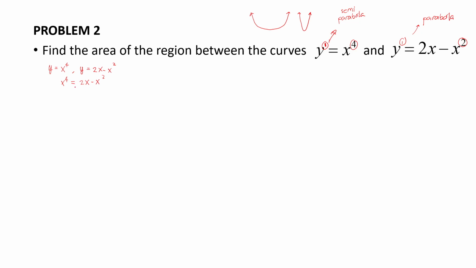Isolating all terms on the left side, this would give us x to the power 4 plus x squared minus 2x equals 0. So you can factor out x: x times (x cubed plus x minus 2) is equal to 0. So the first root is equal to 0, right? How about the other values of x? We have a third degree polynomial, so meaning we're going to have four roots, since it is x to the power 4. So x2, x3, and x4.